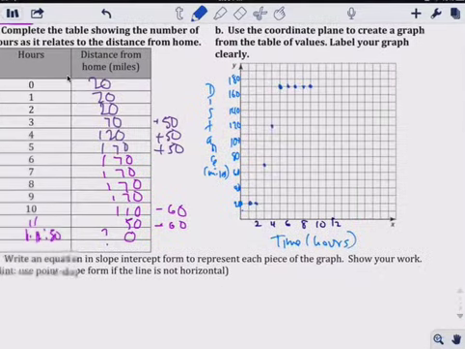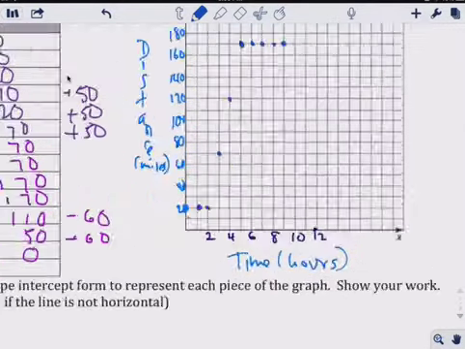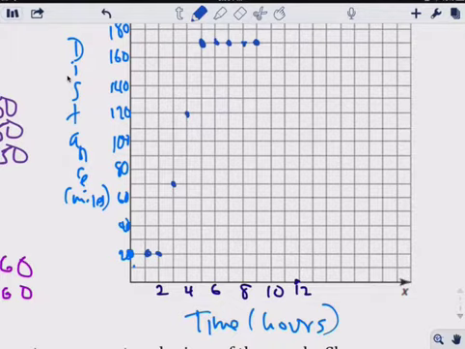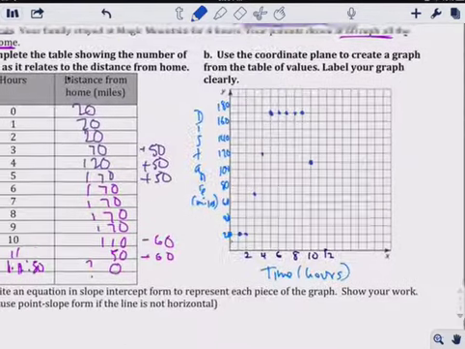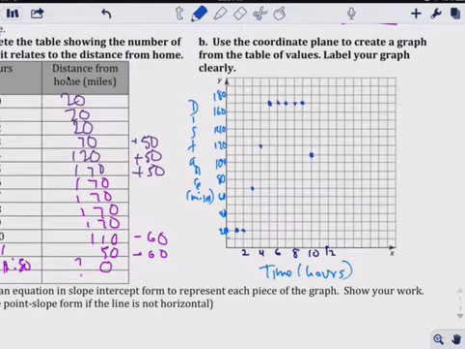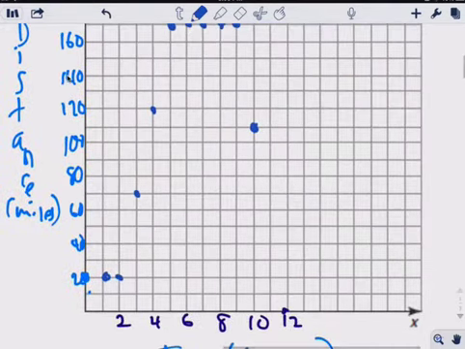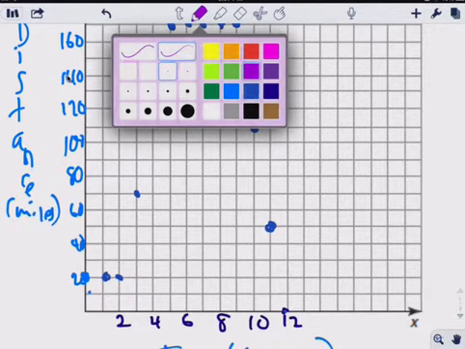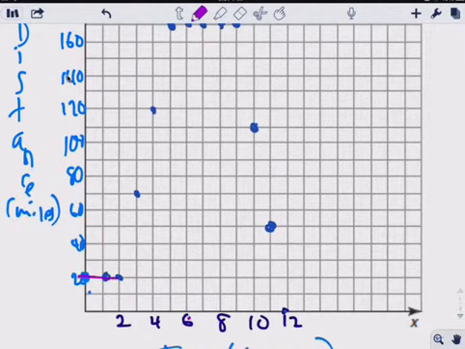And then 10 is 110. 11 is 50. And 12 is home.